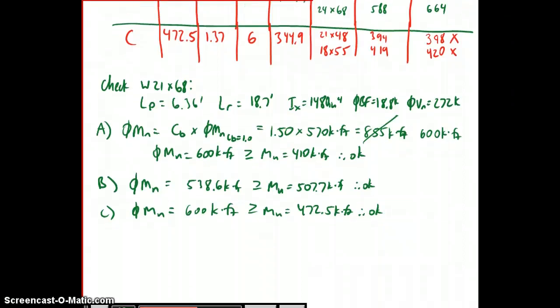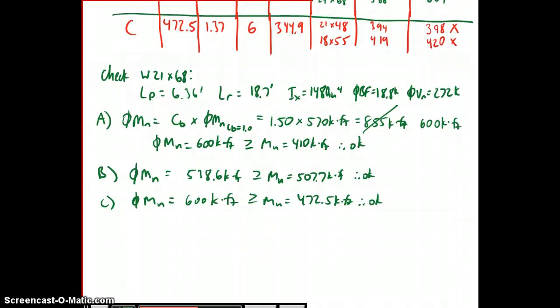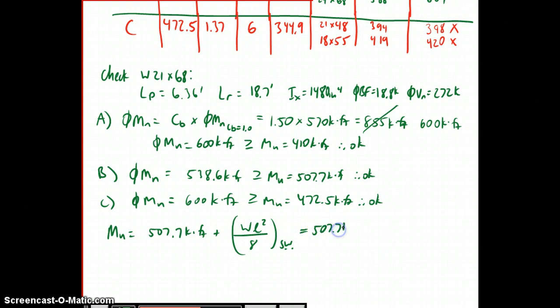We're going to be conservative and say that the max moment overall, M sub u, is equal to 507.7 kip-feet plus wL squared over 8 due to self-weight, which equals 507.7 kip-feet plus, got to remember to factor the self-weight, 1.2 times 0.068 kips per foot times 24 feet quantity squared over 8.